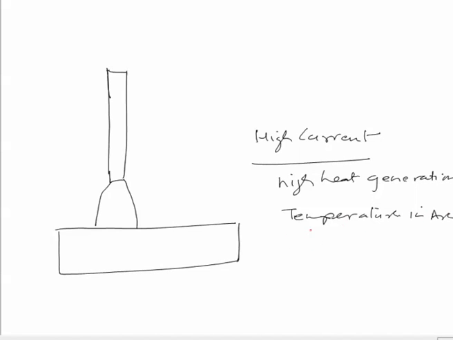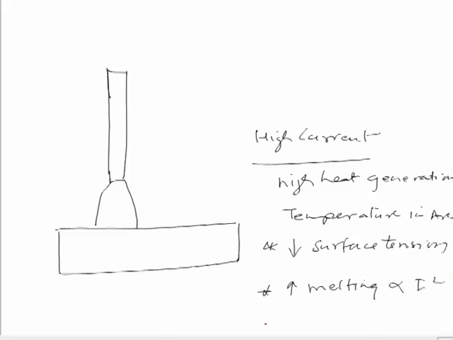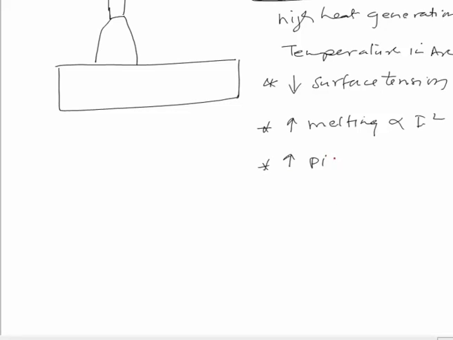This increase in temperature decreases the surface tension. This is one effect which is observed. The second is that it increases the melting rate, proportional to the square of the welding current, and the third, it increases the pinch force. Pinch force, that is the electromagnetic force, also increases proportional to the square of the current being used.